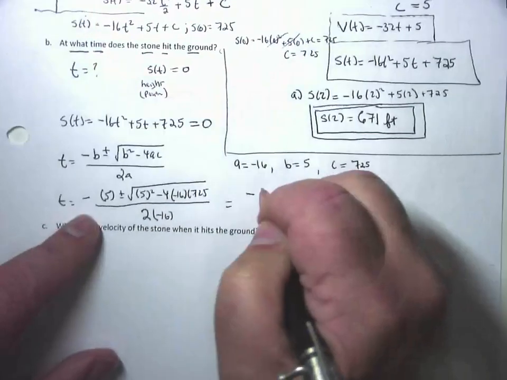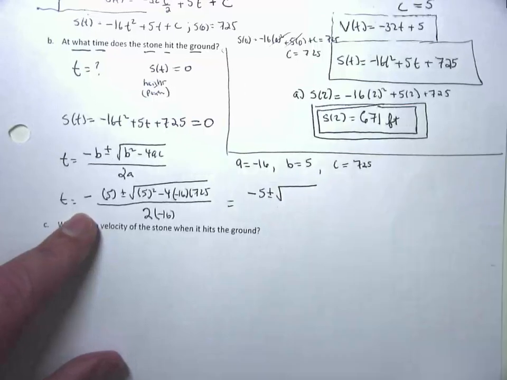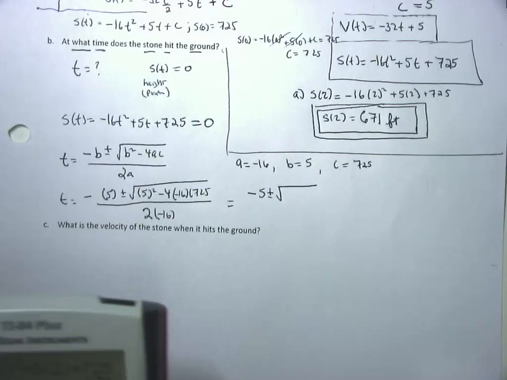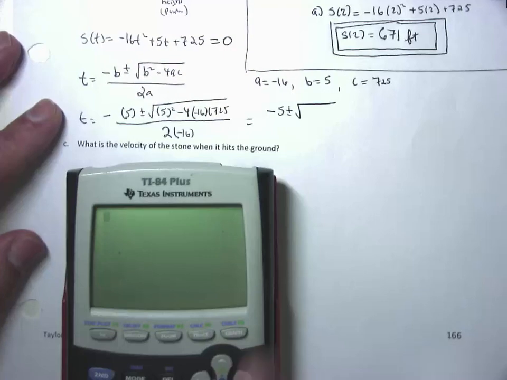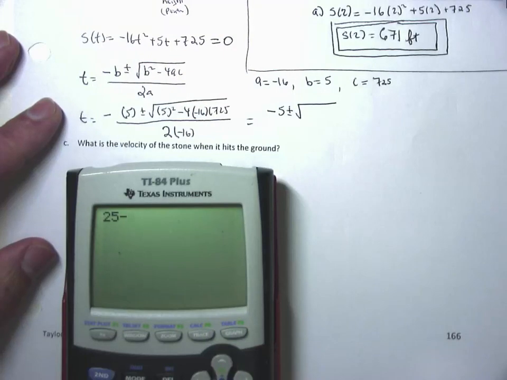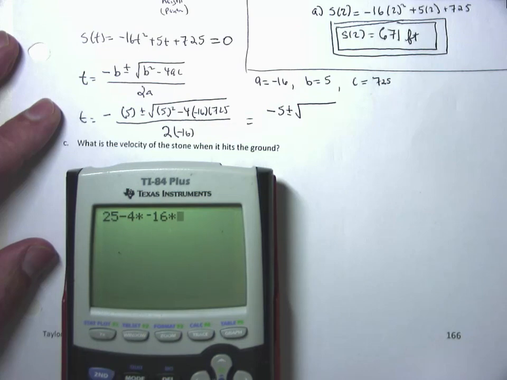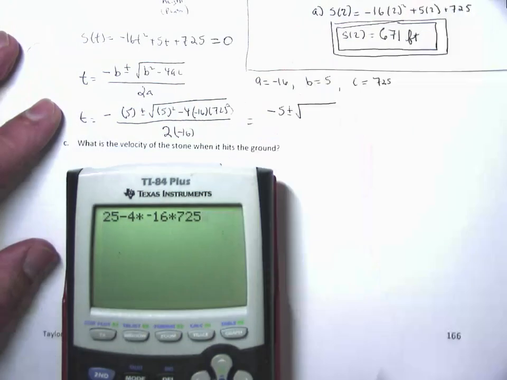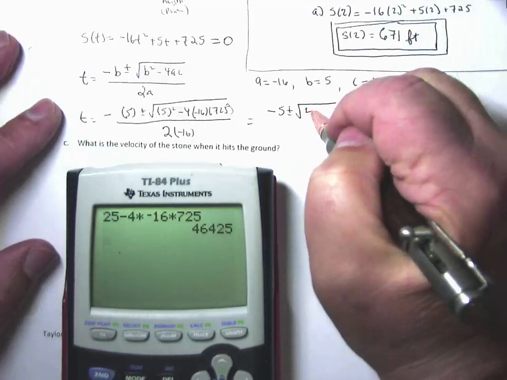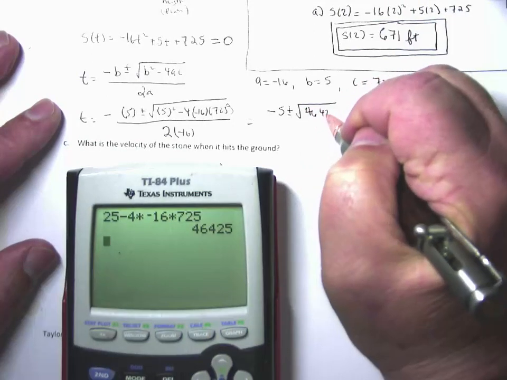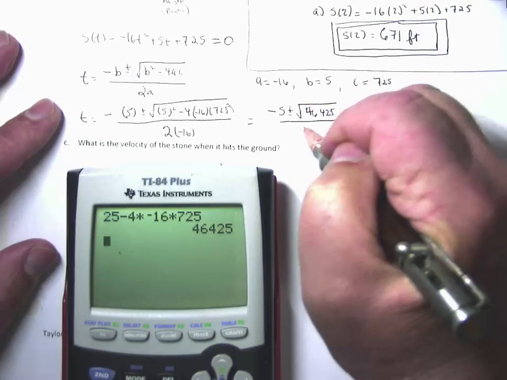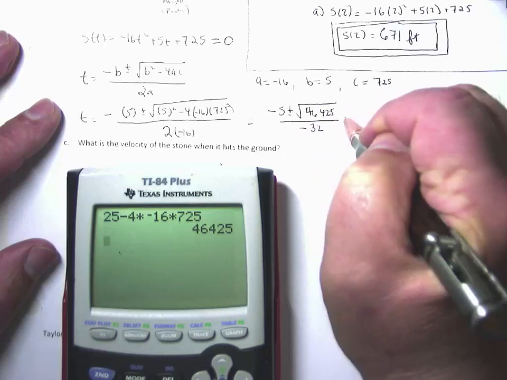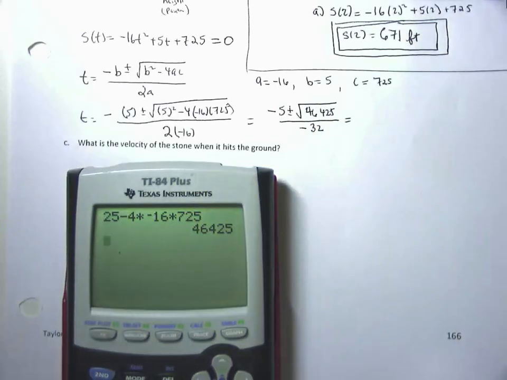This gives you negative 5 plus or minus the square root of, okay, I'm going to go ahead and cheat a little bit with the old calculator here. 5 squared is 25 minus 4 times negative 16 times 725, close the parenthesis there, and I get 46,425 divided by negative 32. So what is the square root of 46,425?